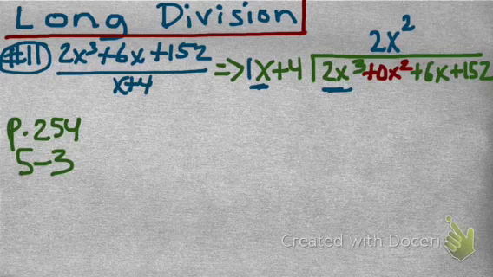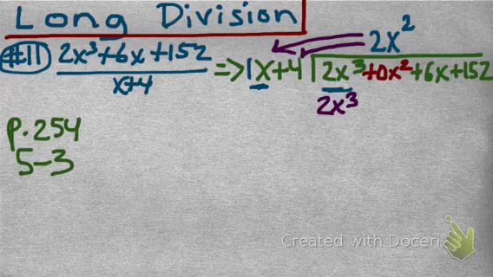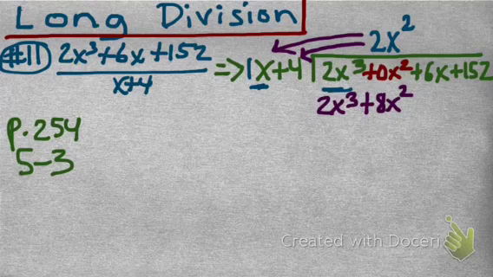Now that I've chosen him, after you choose, you use, so I'm going to use him by multiplying. We get 2x squared times x is 2x cubed. And then the all-important, easy to forget step: I need to multiply 2x squared by the 4 as well, that second term in the binomial. 2 times 4 gives me a coefficient of 8, and I still have an x squared attached to it.